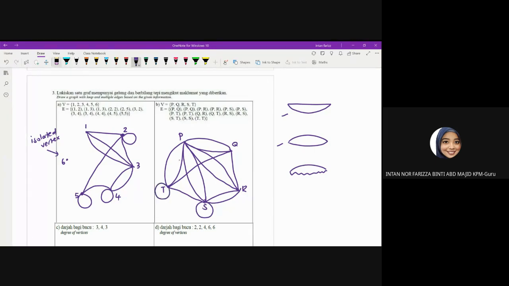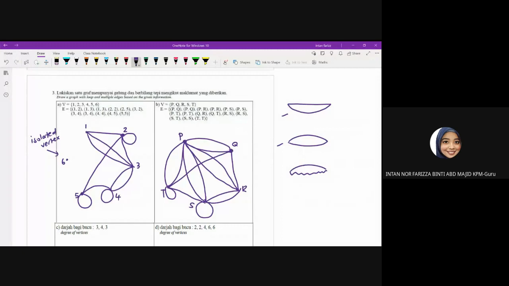Okay. So as I said before, I don't like my letters or my vertices to be labeled inside the circle. So I'm going to erase and put it outside. T, this is S. Oh, there's a loop just now, right? Like that. Okay, so you can draw the dots.